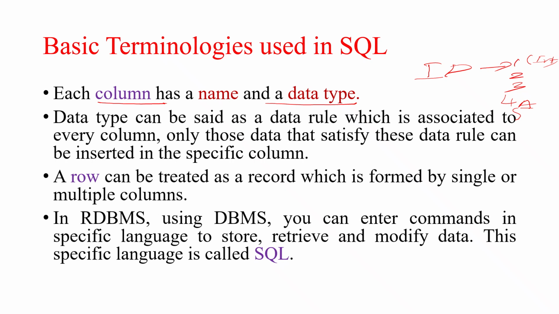And a row can be treated as a record which is formed by a single or multiple columns. For example, this is a table, and this table can have multiple rows or a single row. This is row 1, this is row 2, this is row 3.